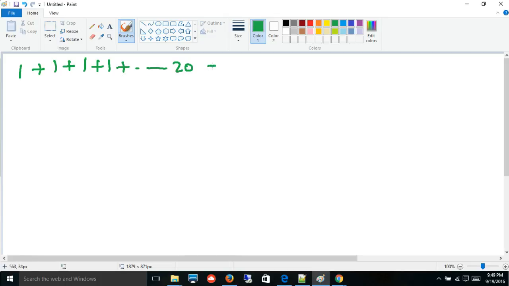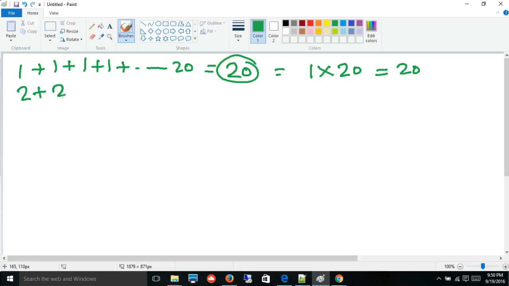So what will be the summation here? The summation of this series will be 20. How? It is simple. If all the terms are the same, then you can say term into number of terms. The same way, if you have 2 plus 2 plus 2 plus and so on, 30 elements, then you can easily say 2 into 30 is equal to 60.